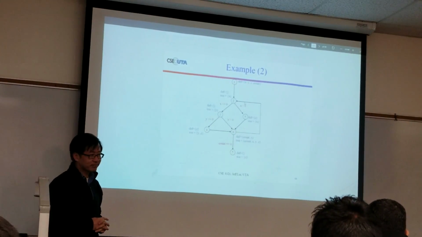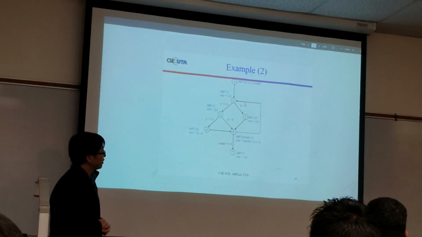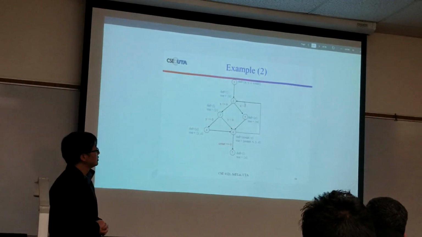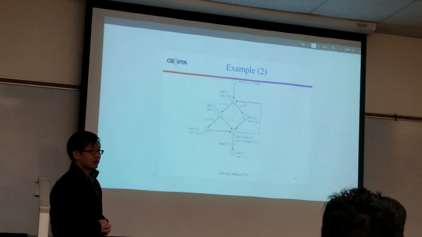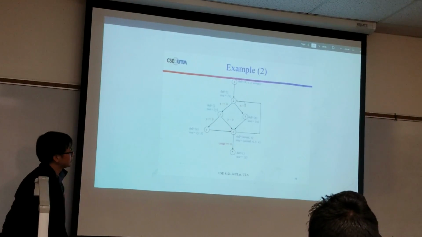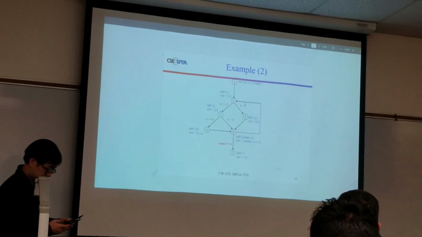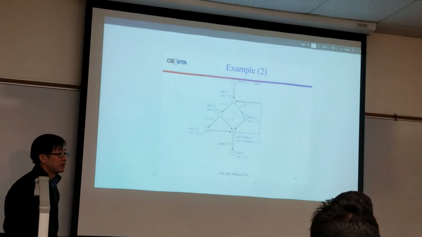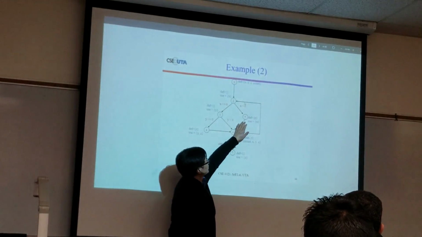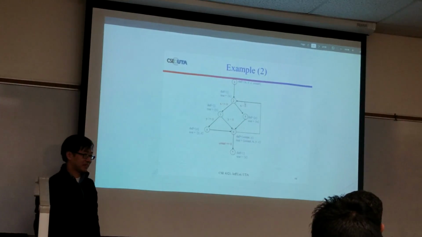Is this a definitely path for variable z? 1, 2, 5, 6. Is 1, 2, 5, 6 a definitely path for variable z? No, right? Why? Node 5: you have a redefinition in the middle.